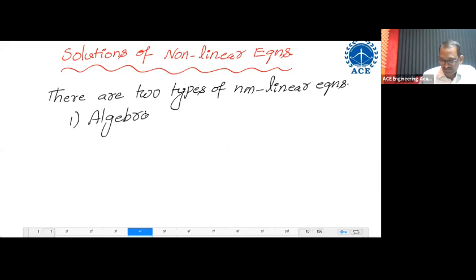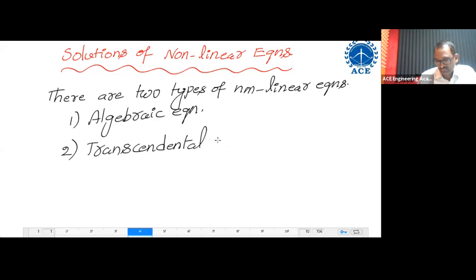First type of nonlinear equation is the algebraic equation. Second type of nonlinear equation is the transcendental equation. Now let us see the definition of algebraic equation.